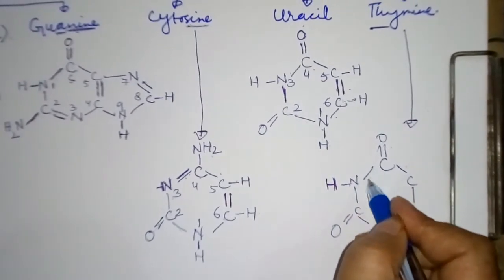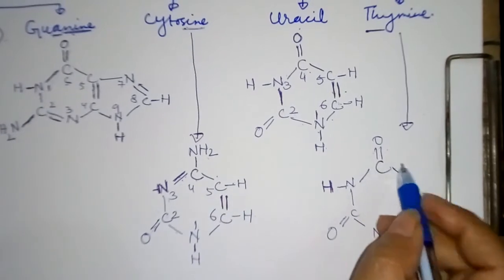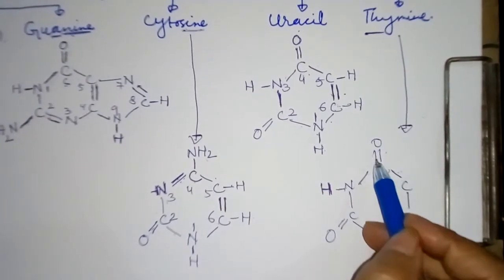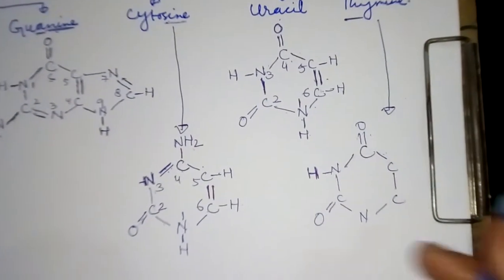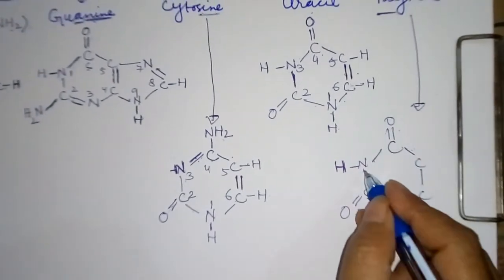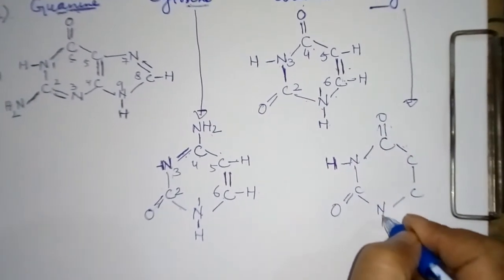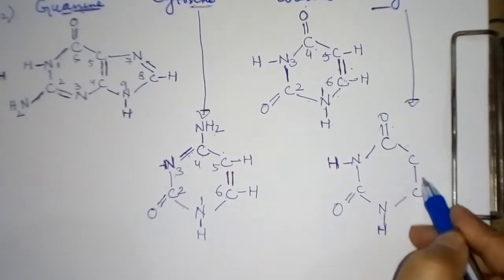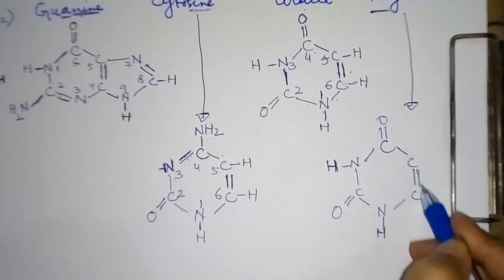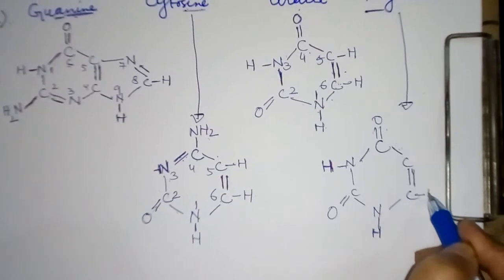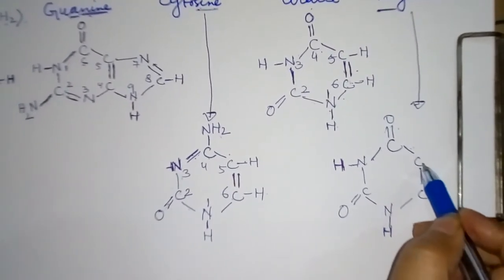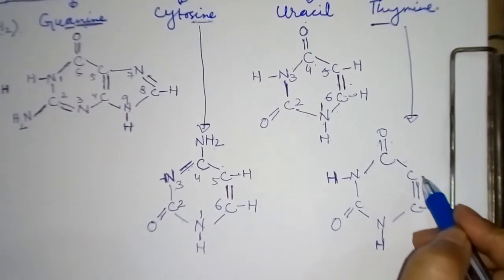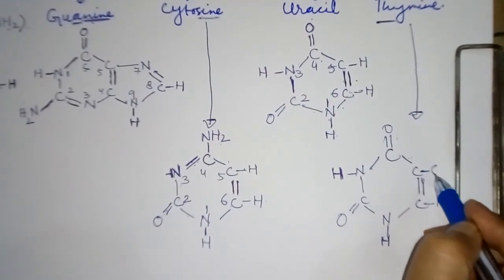I can't place another double bond with it because then it will have 5 bonds. So hydrogen, 1, 2, 3 and 4. Then with this nitrogen I will write hydrogen. I told you the double bond will always be here.